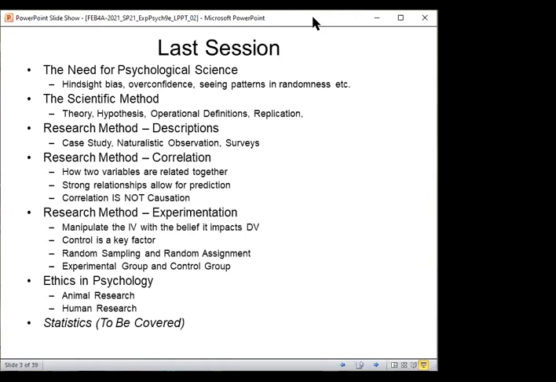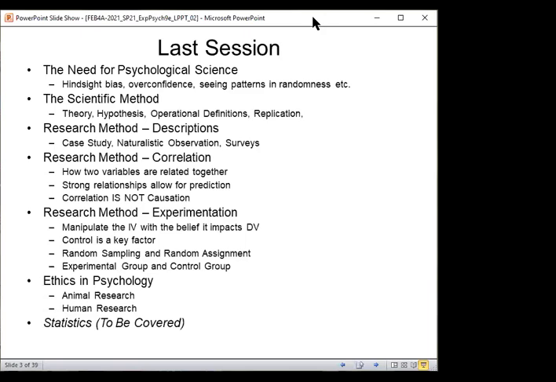It's one of those skills that hopefully will become really well honed and sharp by the time you leave this course. But we have these tendencies as human beings that make our critical thinking not so efficient. We also covered last time the scientific method, where we have a theory, which is us observing something in the world and coming up with systematic explanations and statements as to why that is that way.